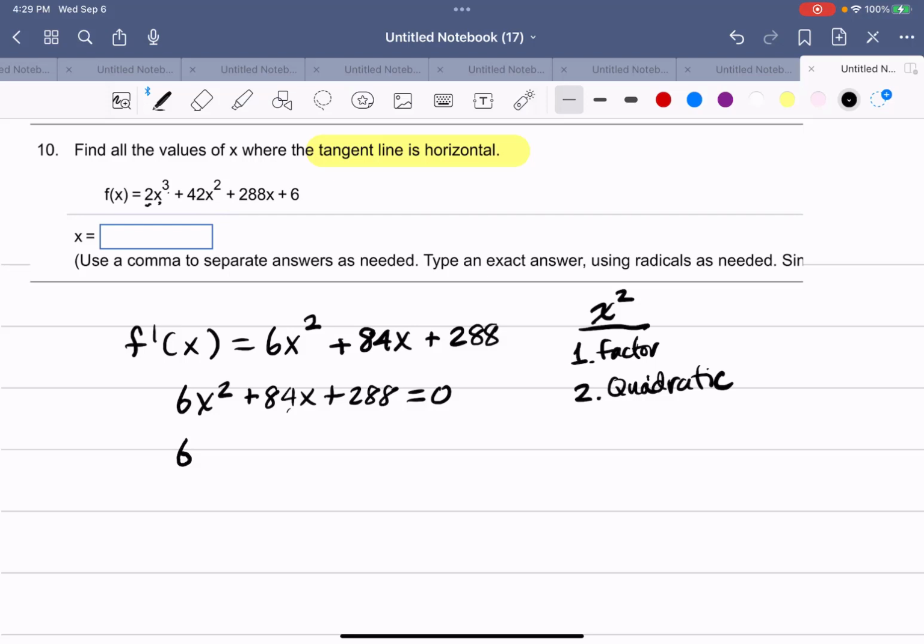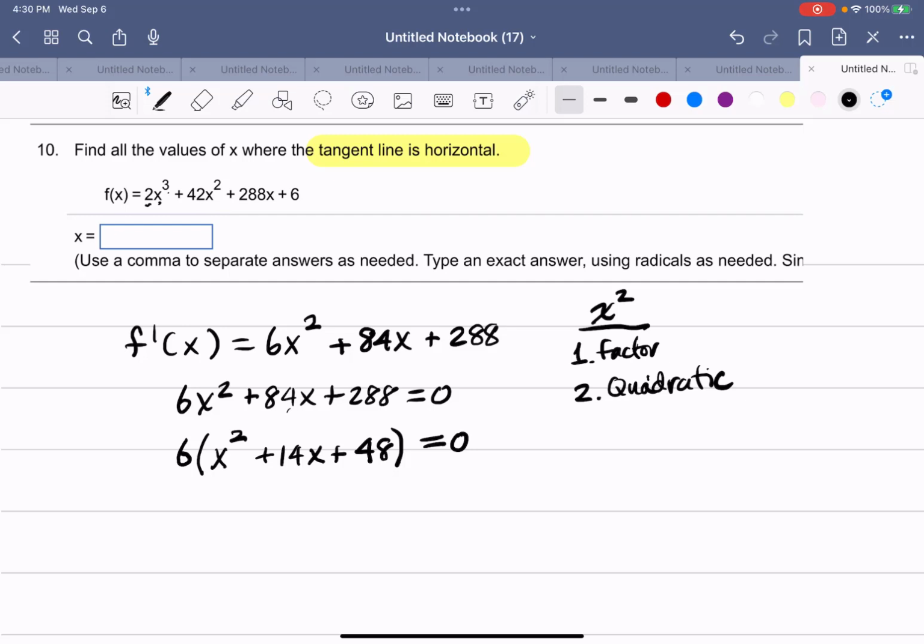So we're going to take out a 6. That's going to give me an x squared, then 84 divided by 6 is 14. So it's plus 14x plus 288 divided by 6 is 48. And that's equal to 0 because the slope has to be 0.